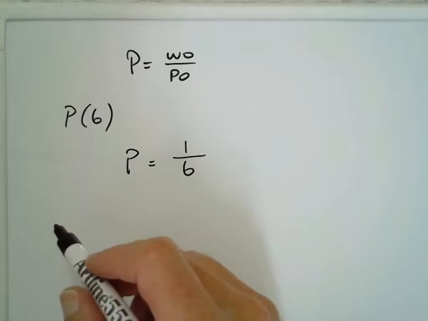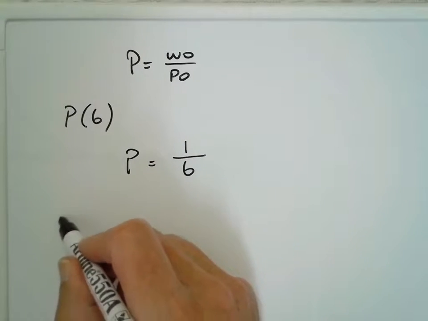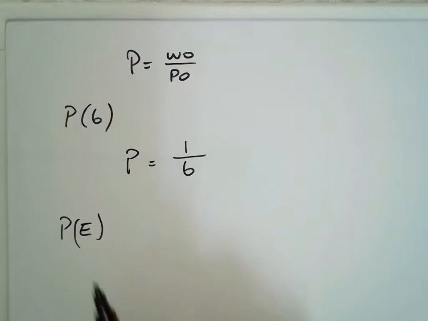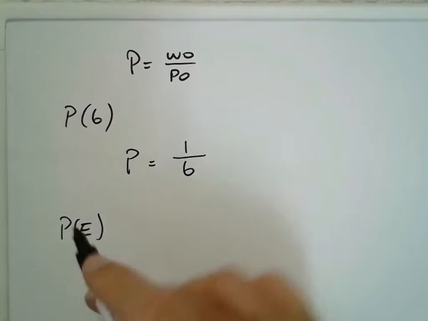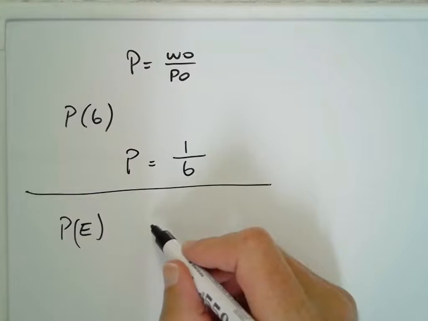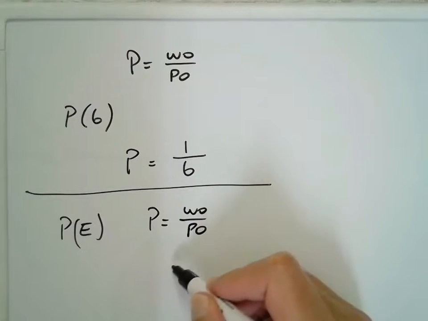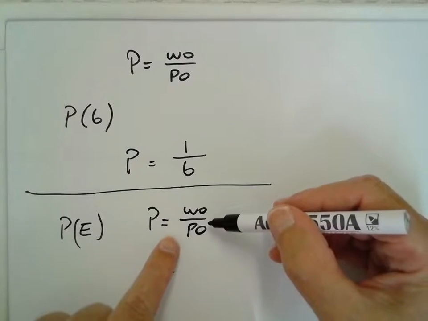So if the question was, what's the probability of rolling an even number? As a question, the first thing you would do would be to write the rule. We must apply the rule as it is.